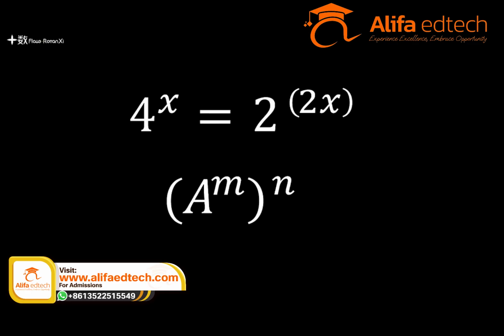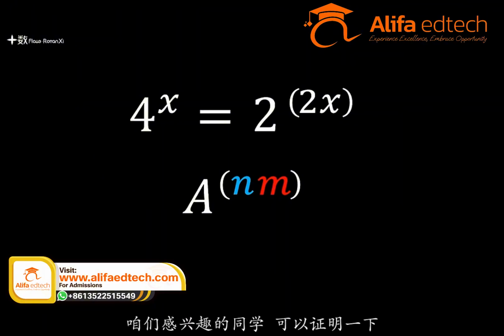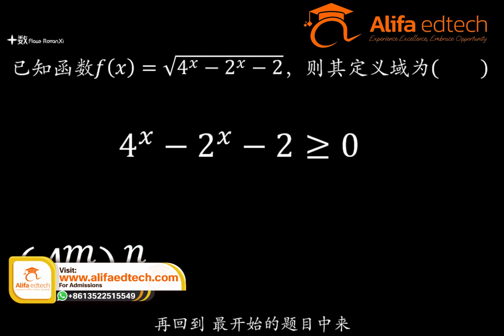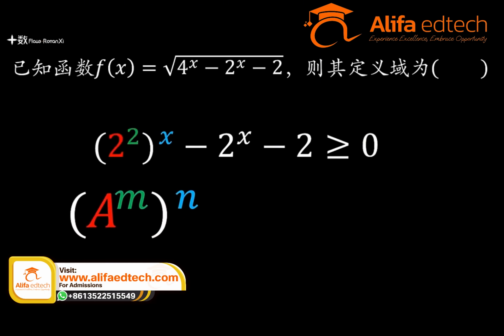Let's return to our original problem. 4^x can be transformed into (2^x)^2. Here, 2 and x can exchange positions.